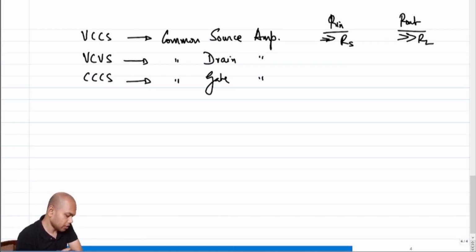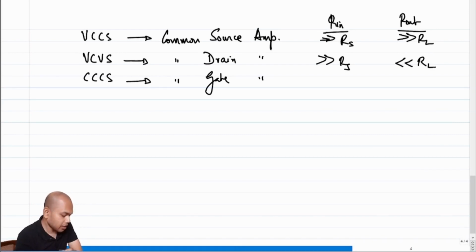What about a voltage controlled voltage source? The requirement was R in should be much greater than Rs, and since it's a voltage source, its output resistance should ideally be 0, but 0 is not possible, so it should be much lesser than RL.